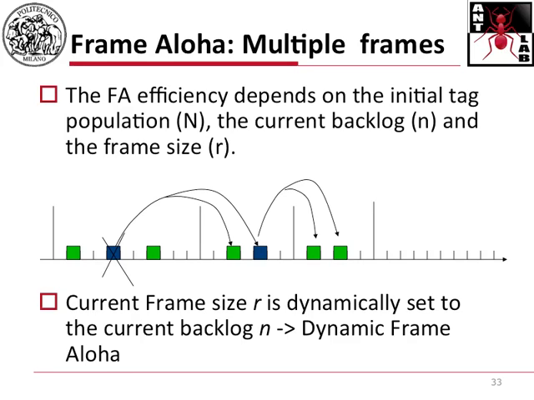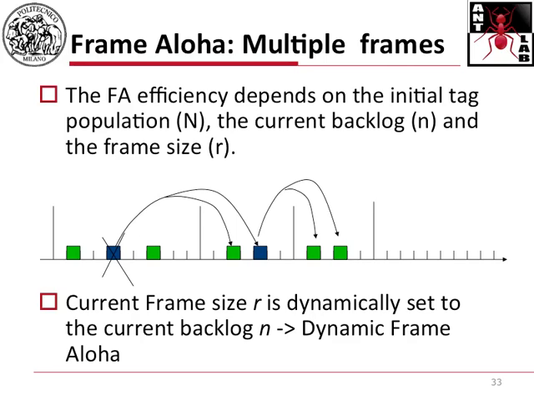Okay? Clear? So basically, the efficiency of multi-frame Aloha depends, as the efficiency of the single-frame Aloha, on a parameter n, which is the initial, let's say, population. And it also depends on the current backlog. So basically, how many tags are resolved at each step of the resolution process.